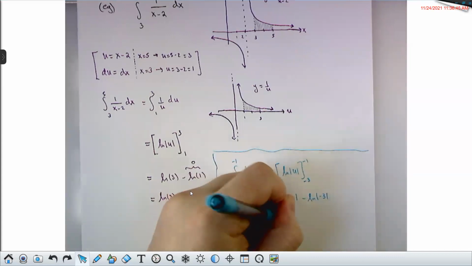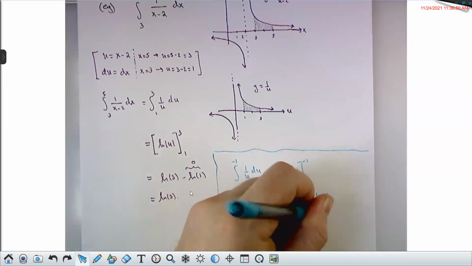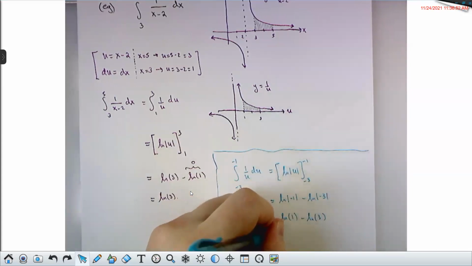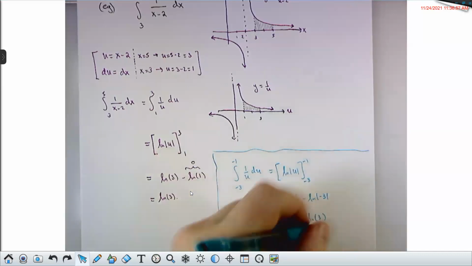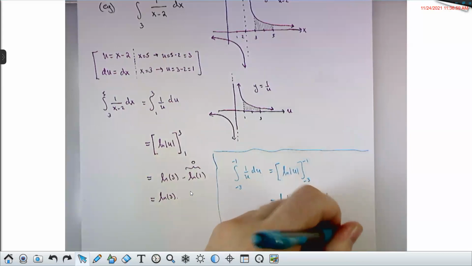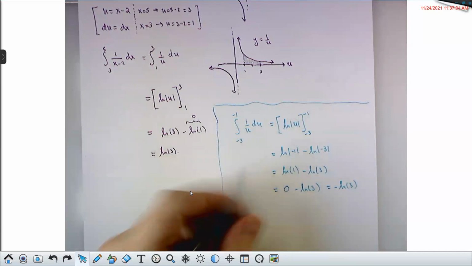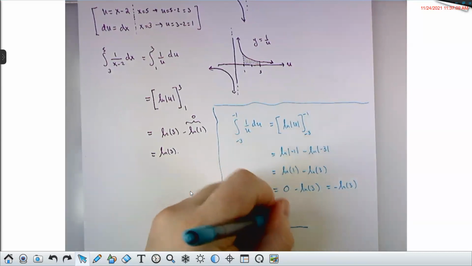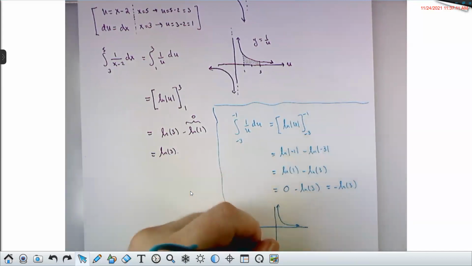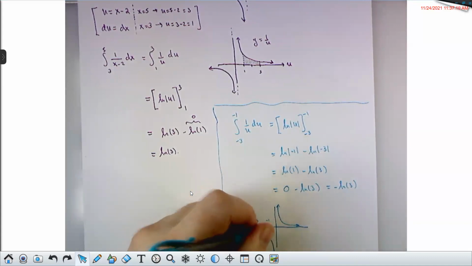So then we'd say, okay, the absolute value of -1 is 1, and the absolute value of -3 is 3. And so this would be 0 minus the natural log of 3, just negative ln of 3. Yeah, something like this certainly could show up, and these would be the steps I would want to see there. And kind of the signed area being measured there is the stuff over here from -3 to -1.